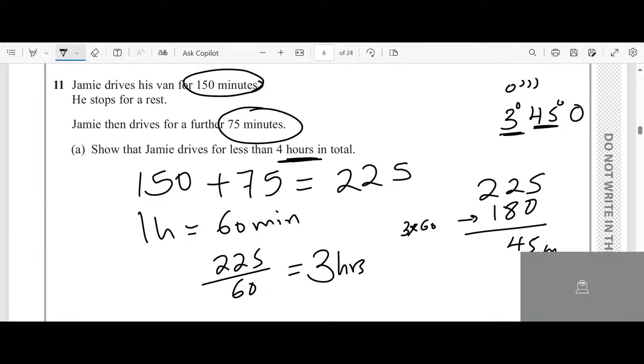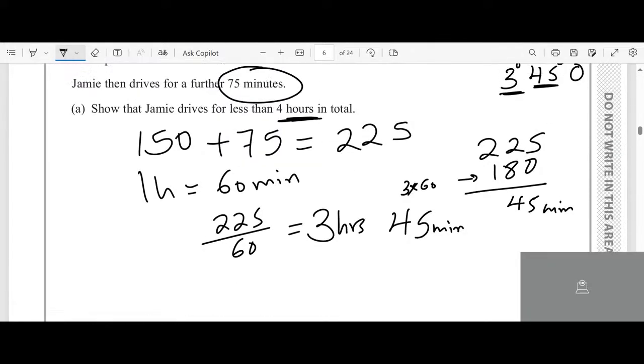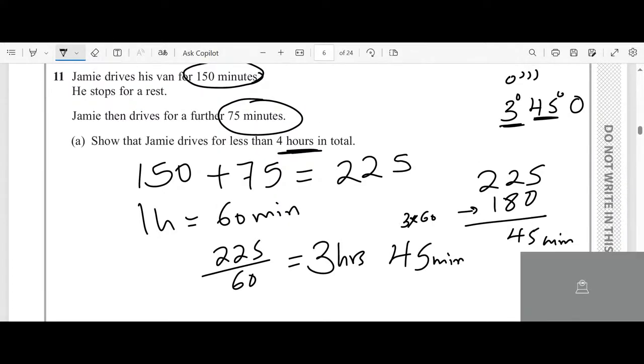So this one is the minutes that is left. Automatically, you can see that 3 hours 45 minutes is less than 4 hours. So we have proven that this time taken is less than 4 hours. Then now we can proceed.